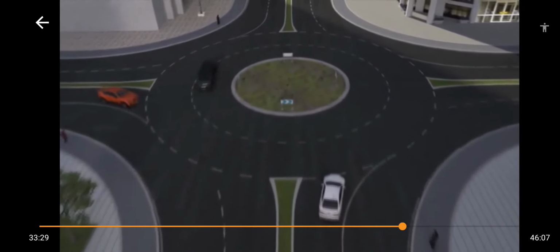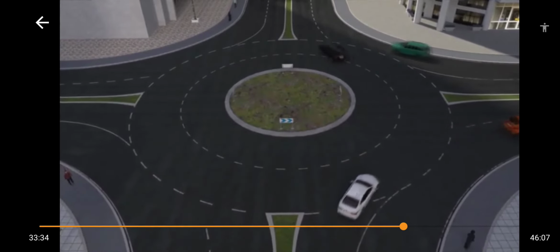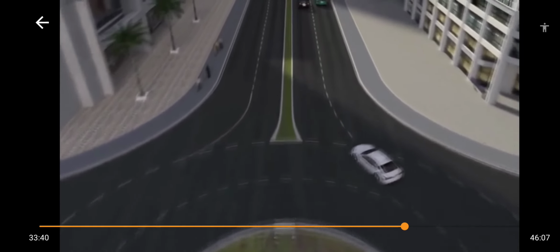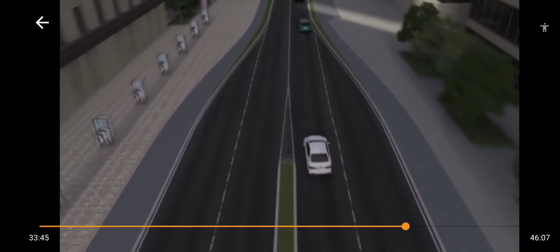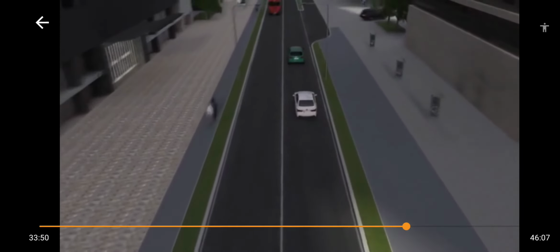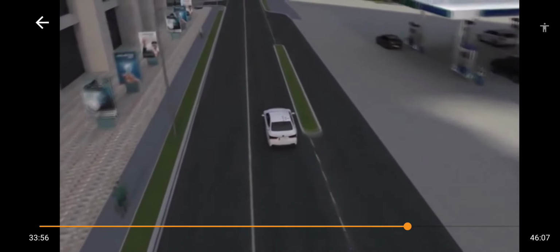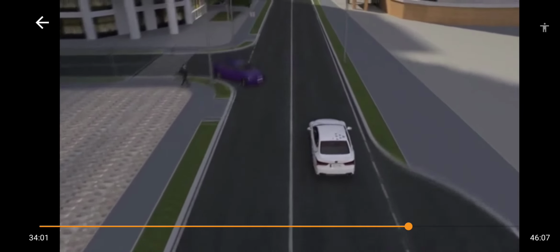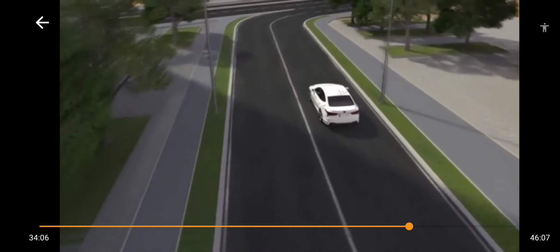Circular intersection or roundabout. Service road entrances and exits. Highways entrances and exits.